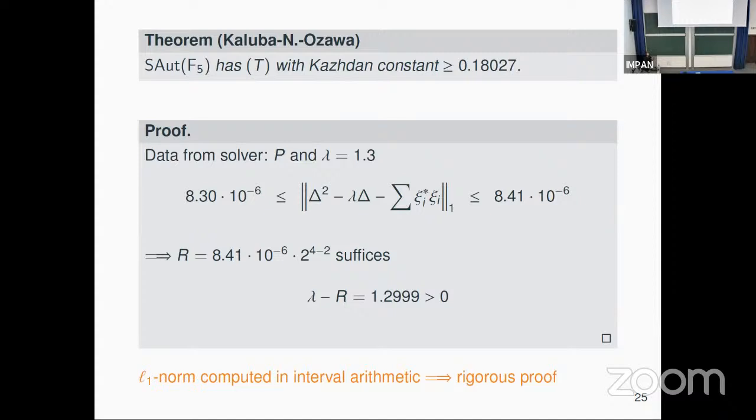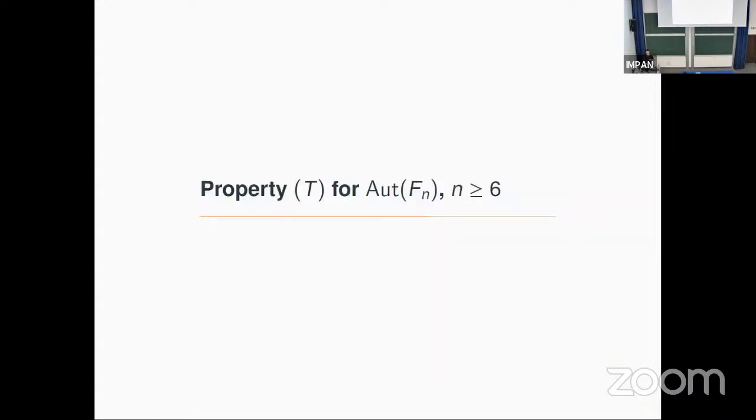So the R that we need to choose is 1.2, sufficiently small that we easily get a positive constant where we need it. This is the process that I think Marek will explain in more detail in his talk.